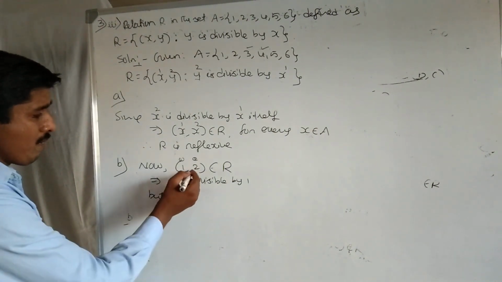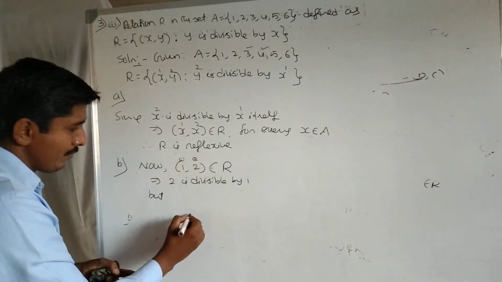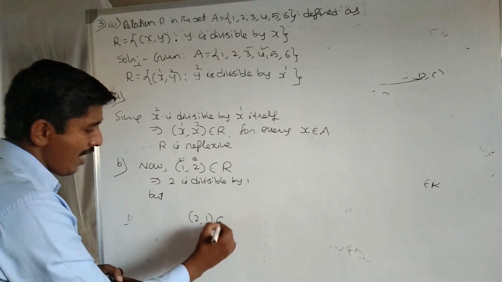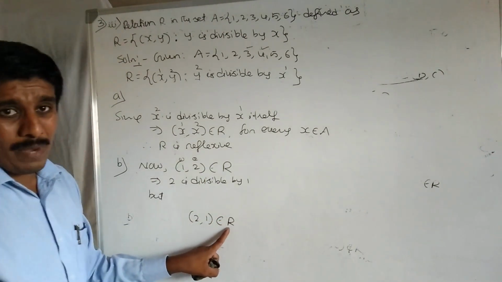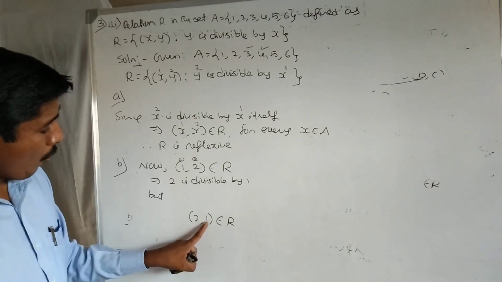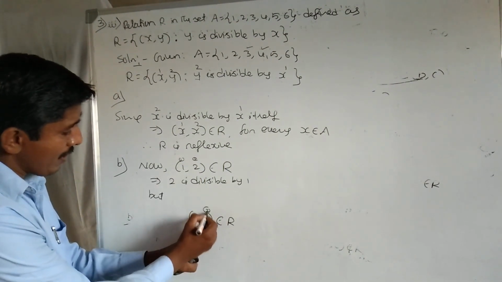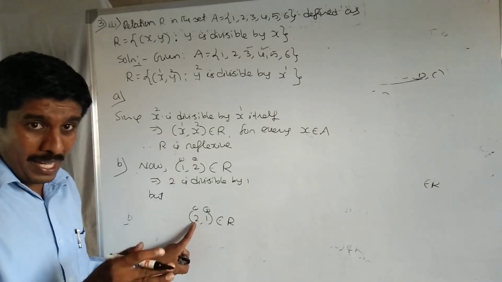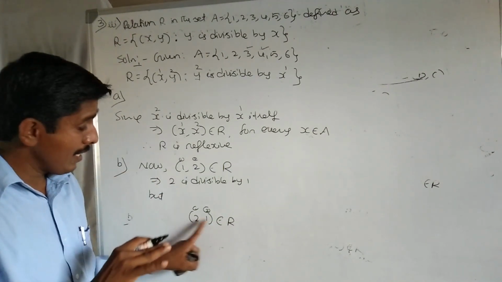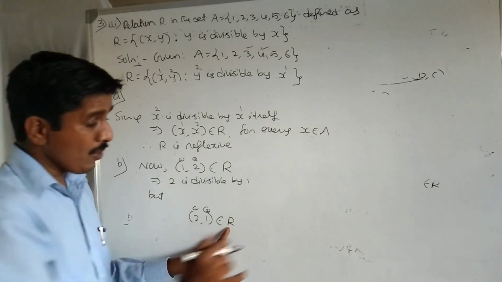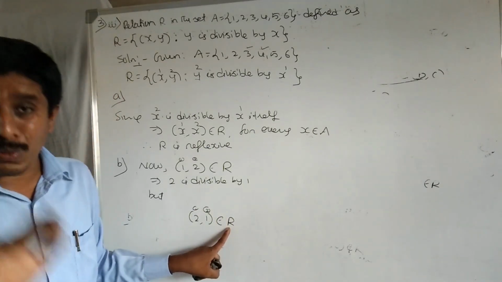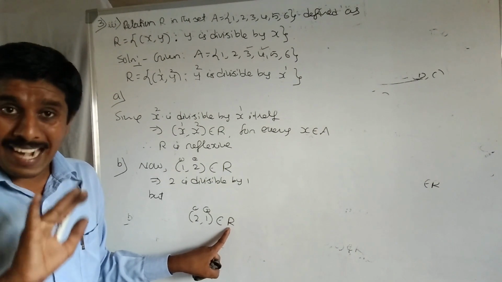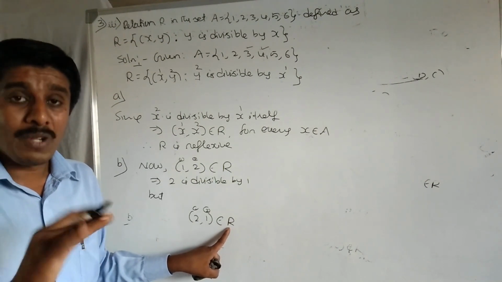Next, what about for it to be symmetric? (2, 1) belongs to relation means it is symmetric. It belongs to relation when the second element, 1, is divisible by 2. But 1 is not divisible by 2. But 2 is divisible by 1.